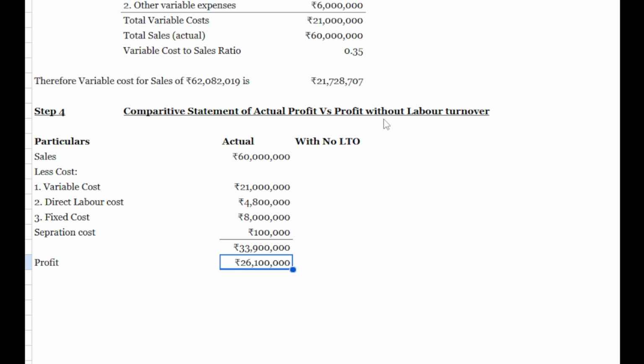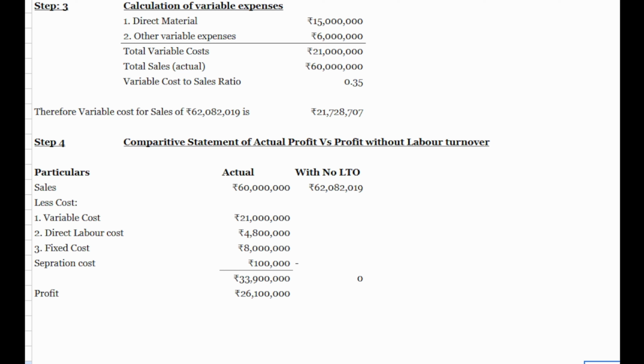Now let us take the case of sales when there is no labor turnover. That is the value we calculated in step 2, which is 620 lakh. The variable cost is what we calculated in step 3, 217. Then direct labor cost includes an addition of 1.2 lakh, on account of the 12,000 additional hours lost, making it 49 lakh 20,000.